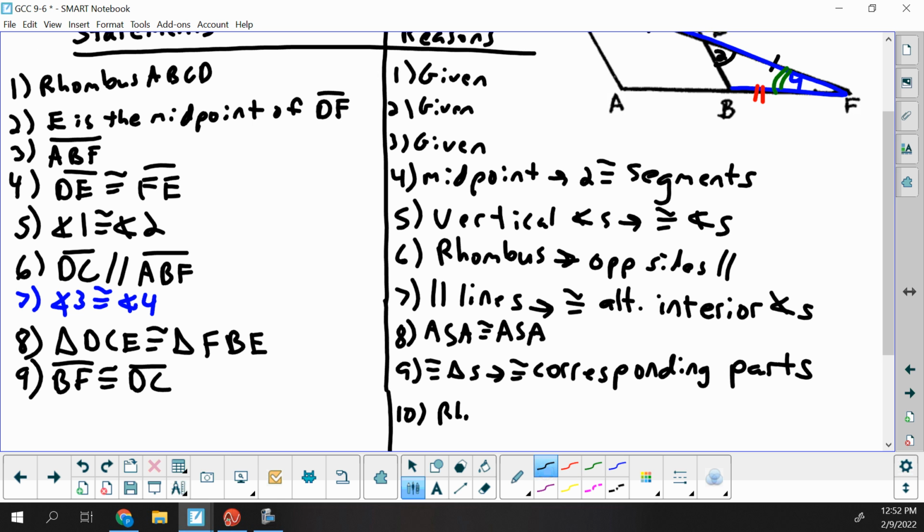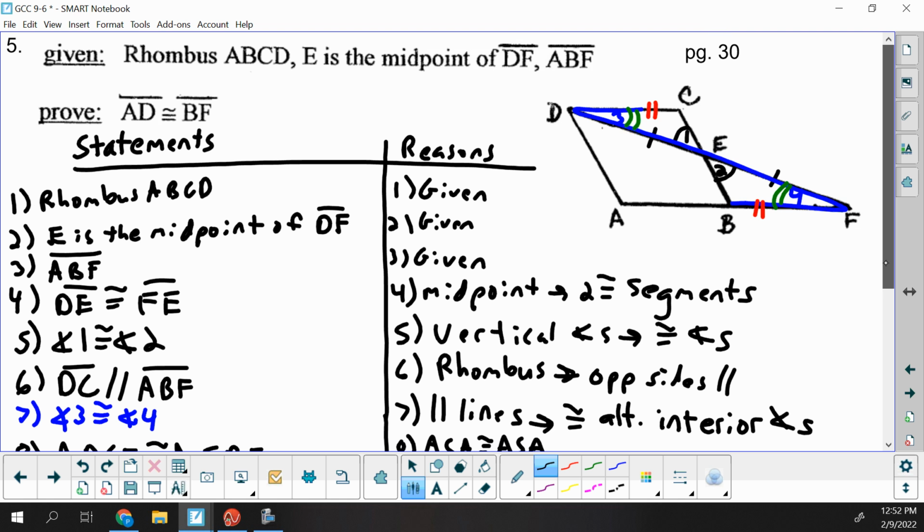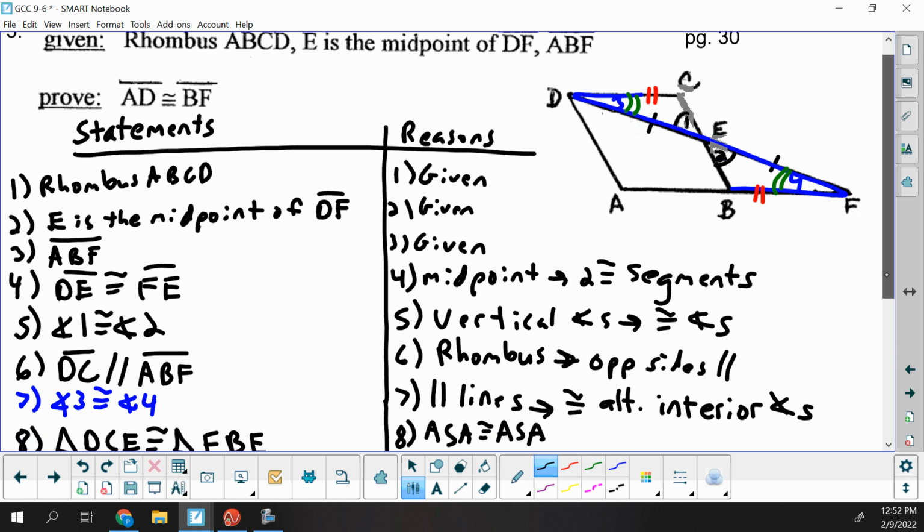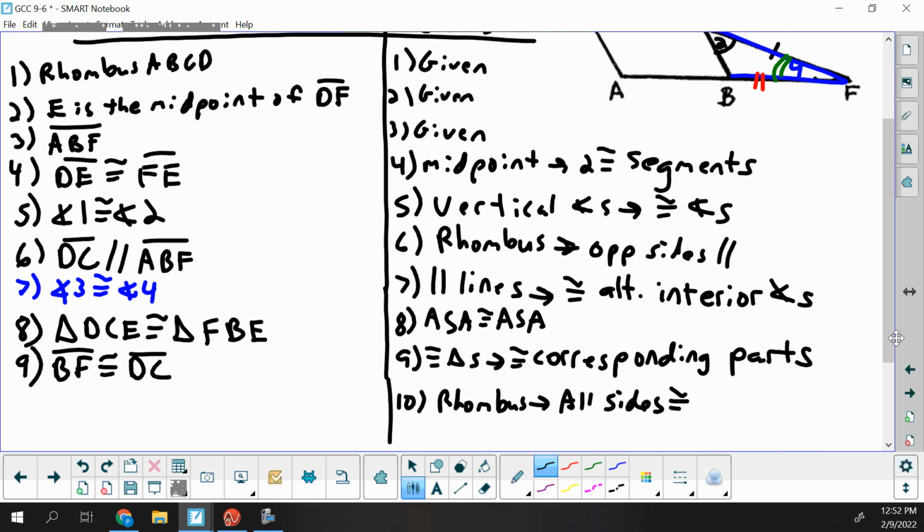Let's do rhombus implies all sides congruent. Or you can say 4 congruent sides, that's fine as well. We could do all 4 of them, but the ones we really care about are DC and DA. Those are the ones that are going to help us out here. But if you're unsure, just list all 4 of them congruent to each other in a big string.